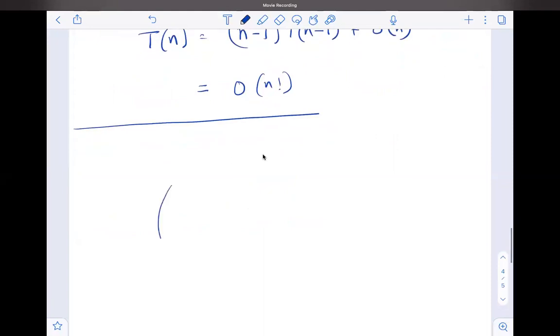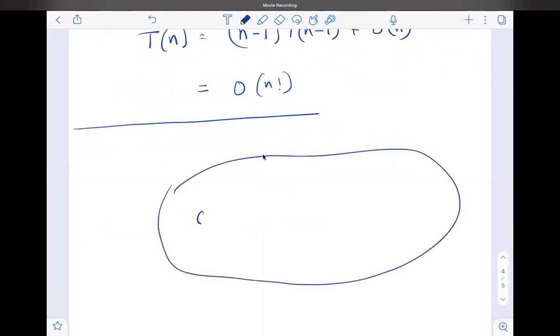So think in this graph. There is u, there is v, and say I have these three things: w1, w2, and a path between w1 and w2.